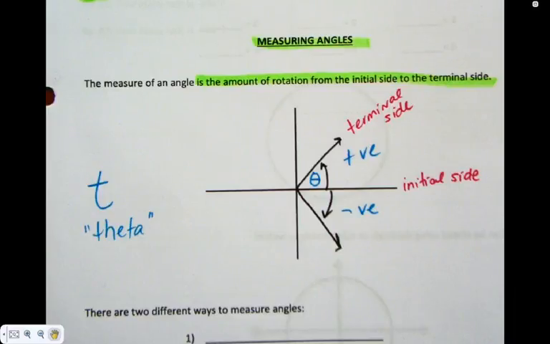Positive angles go counterclockwise. Negative angles go clockwise. And we're going to come back and talk about negative angles later on in the unit.